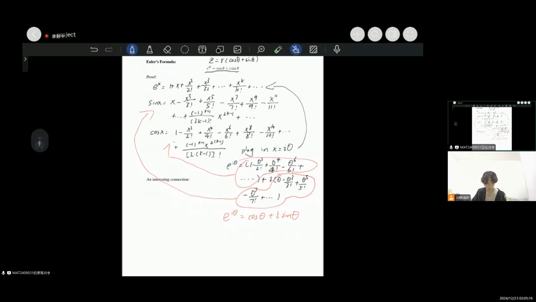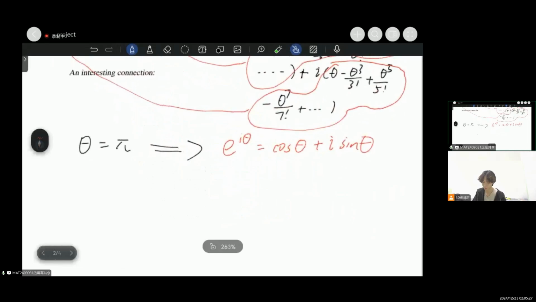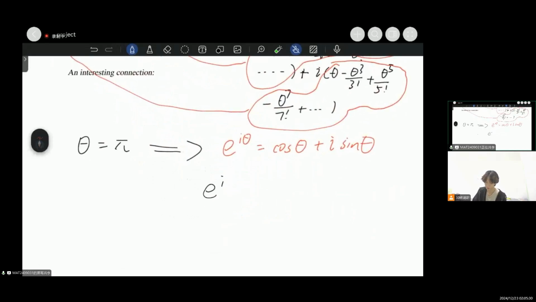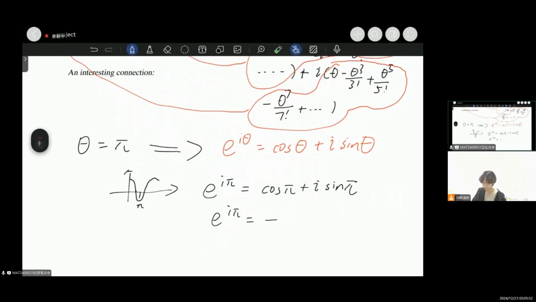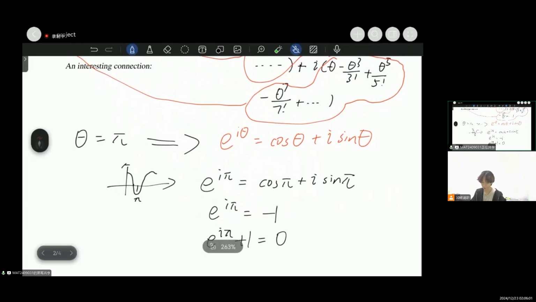That is, if we let theta equals to pi, and plug into the formula, we will get e to the i pi equals to cosine pi plus i sine pi, and cosine pi is -1, while sine pi is 0, so we will get this interesting formula.